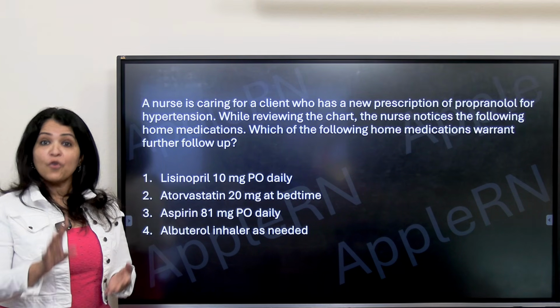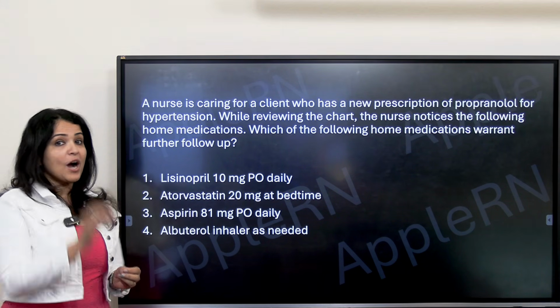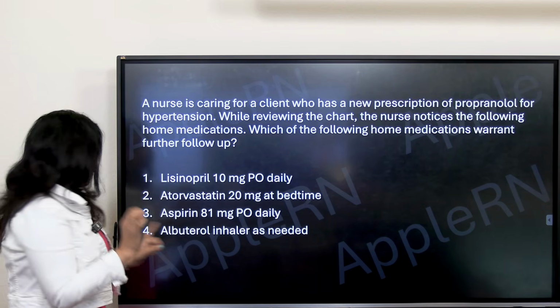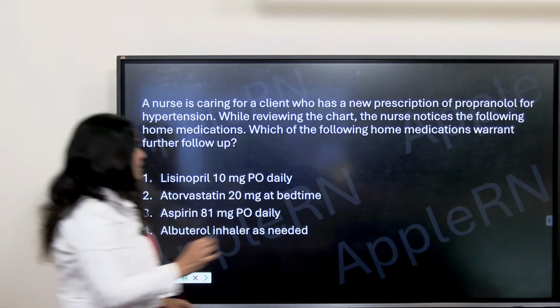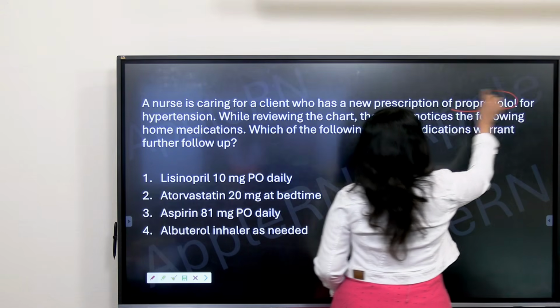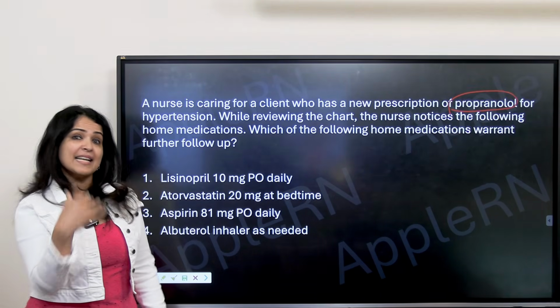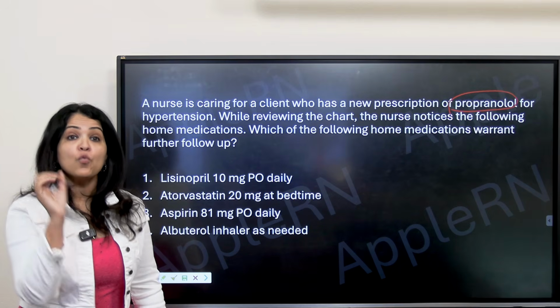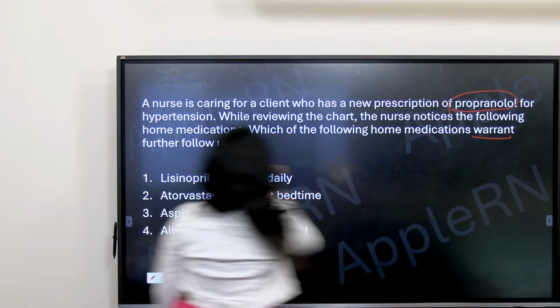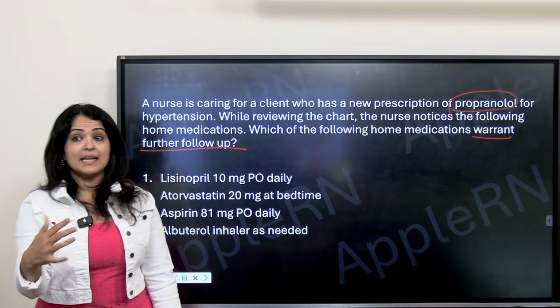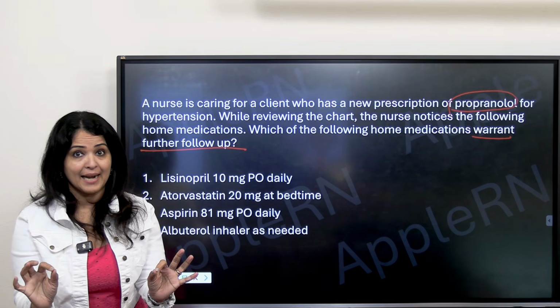So we have 4 options here, and the focus is on one specific medicine which is given here, and that is propranolol, right? It says which of the following home medicines warrant further follow-up. Whenever you see something like warrant further follow-up, just think we are looking for something bad.